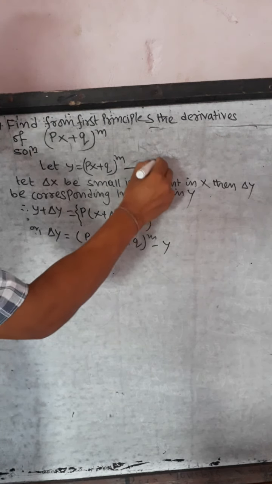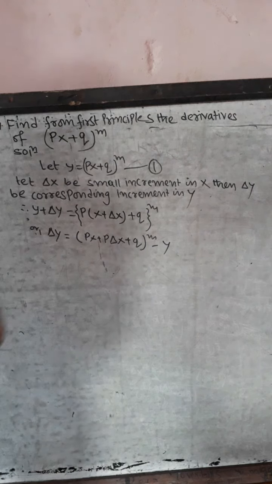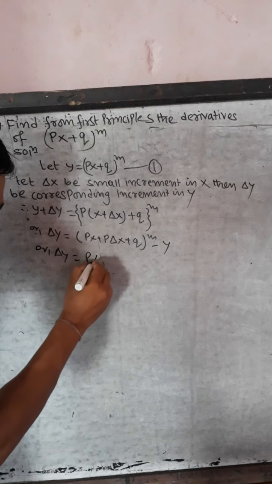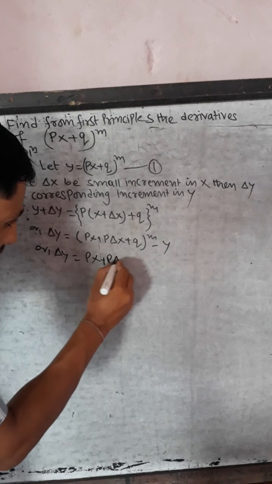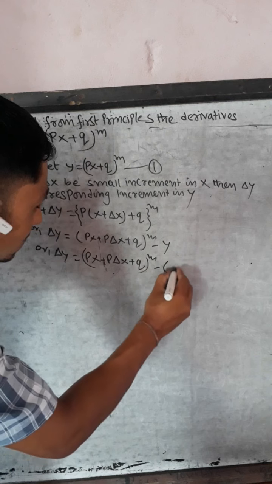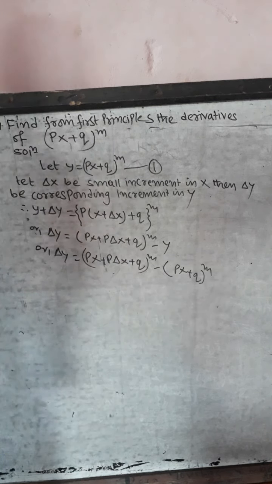Now put the value of y from equation 1, so del y is equal to (px + p del x + q) to the power n minus (px + q) to the power n.